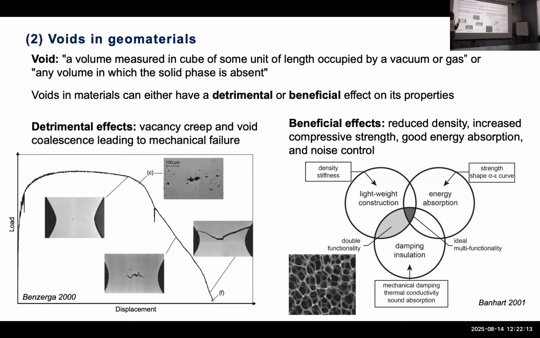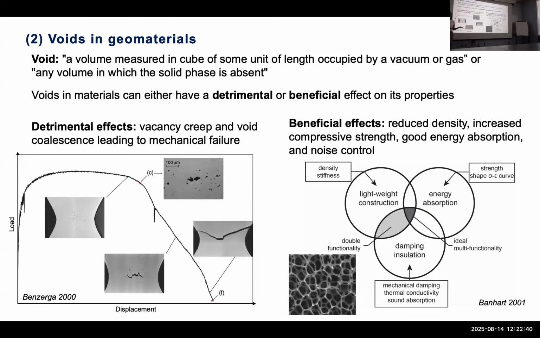And as you know, the presence of voids in materials can have both detrimental and beneficial effects on its properties. For an example of a detrimental effect, when we have vacancies in our material, these vacancies can coalesce, forming voids. These voids can also coalesce, and this can eventually lead to mechanical failure of the material.